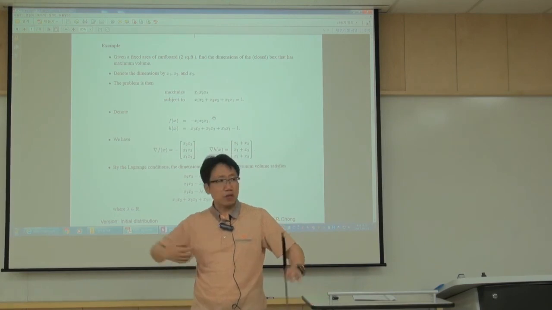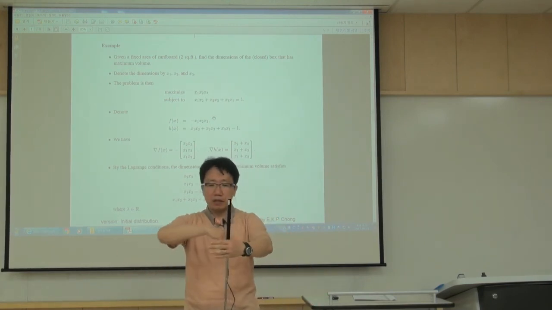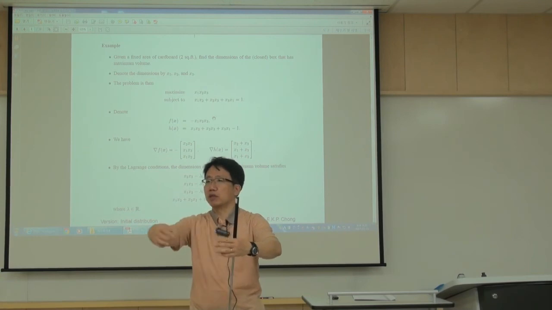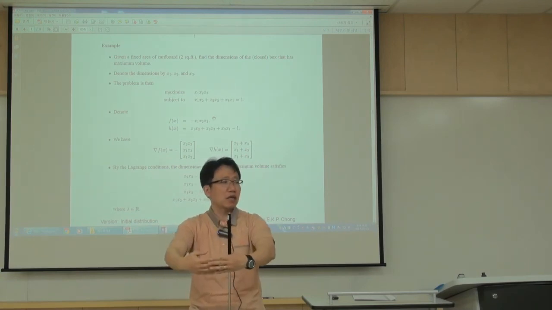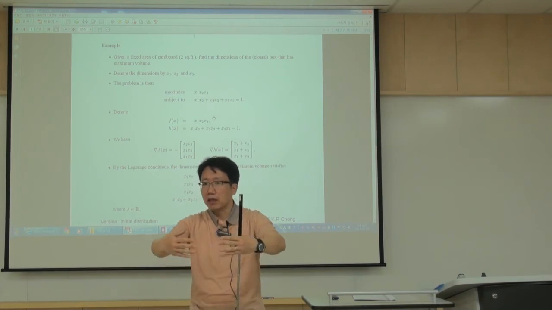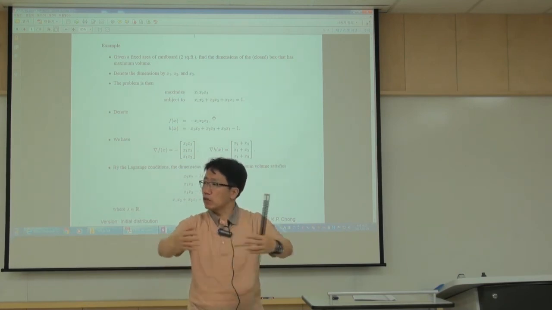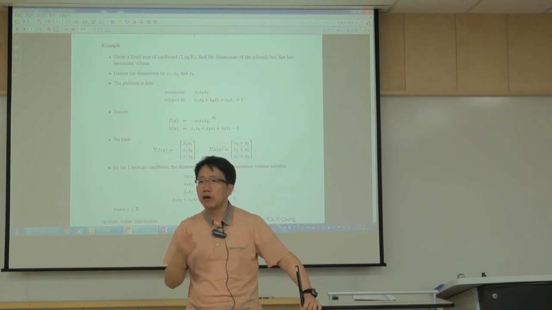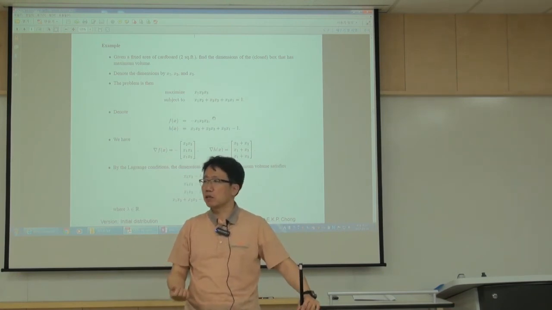Got it? For example, you want to find some optimal point in a constraint set, but the constraint set has a very weird shape. So you relax a little bit and find that your constraint set can be functionally described. What does that mean?